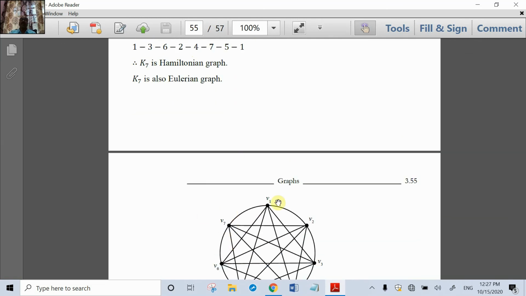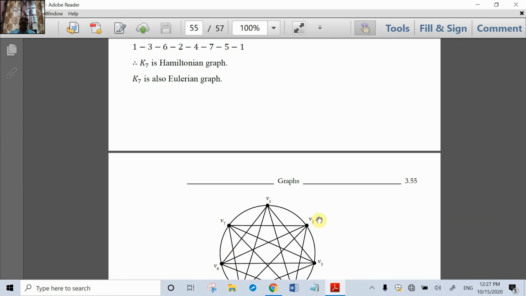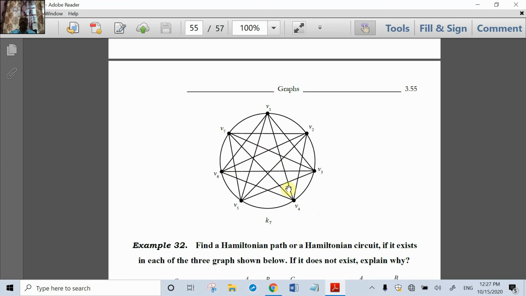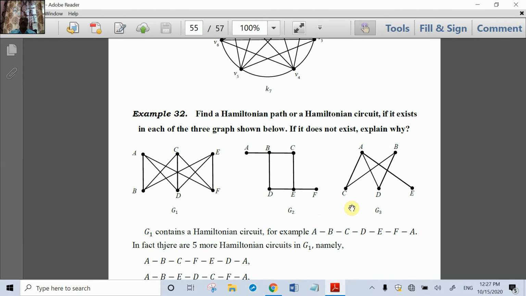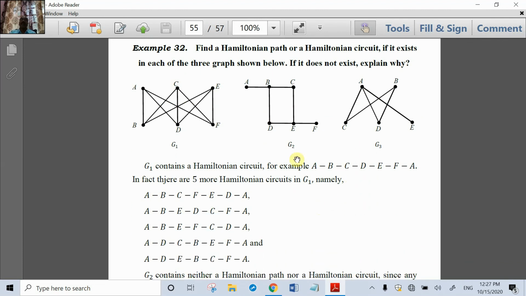Another one is 1, 3, 6, 2, 4, 7, 5, 1. Right? Now you check here whether it is Hamiltonian or not. A path contains all the vertices.